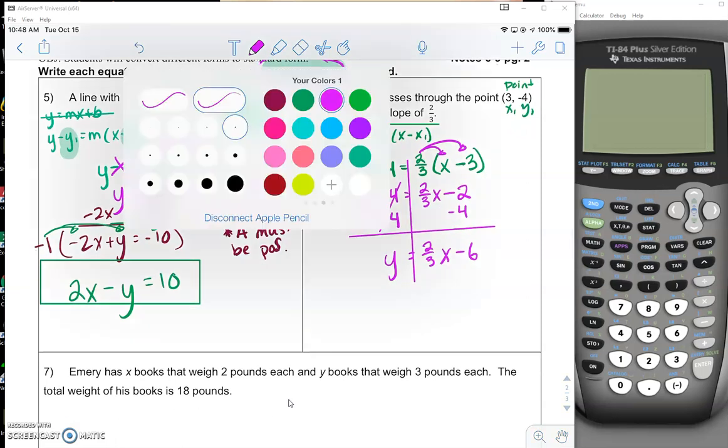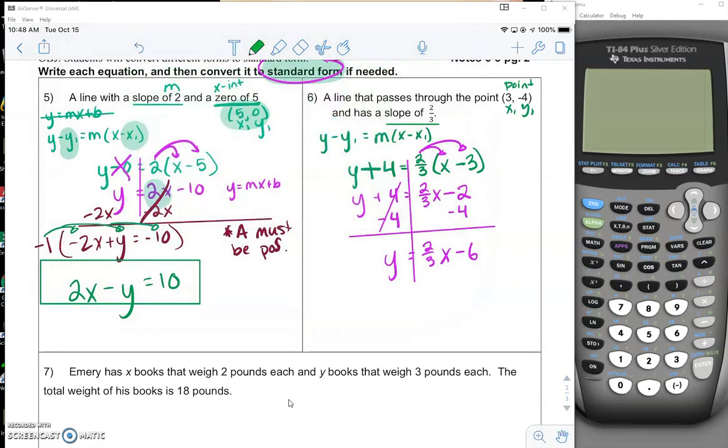Standard form, we need the part with x to be in front. So to move positive 2/3 x to the other side, it's positive, we will subtract 2/3 x. -2/3 x plus y is equal to -6. We must have whole numbers, and a has to be positive.